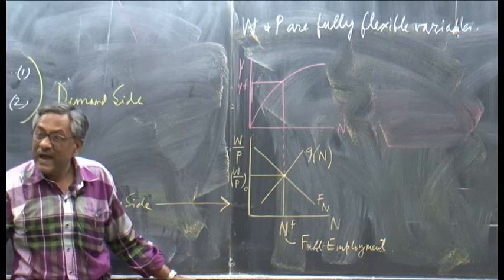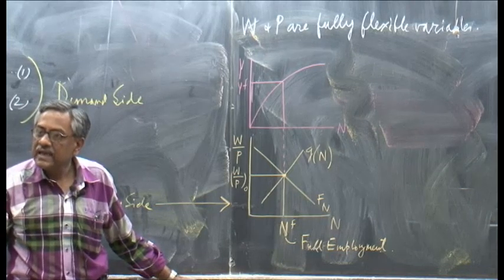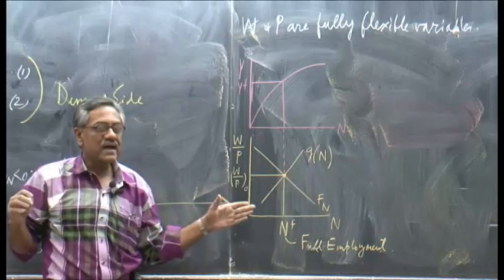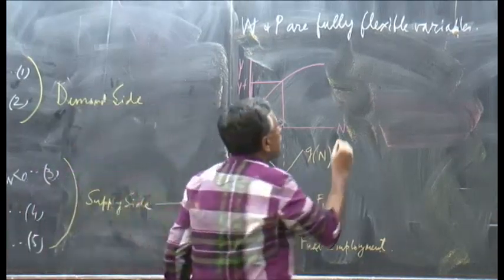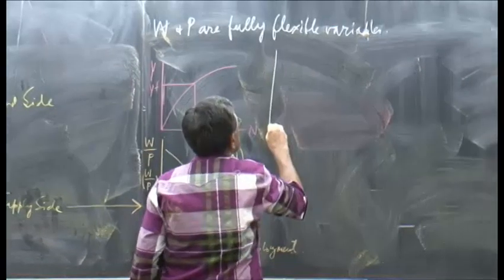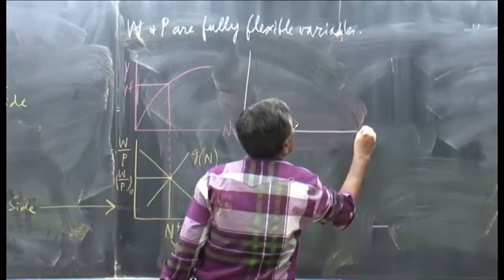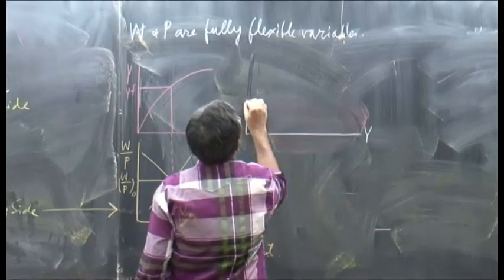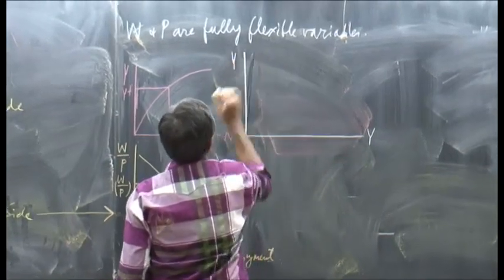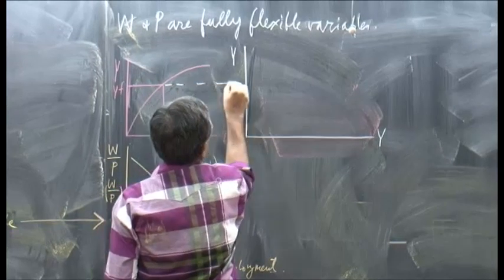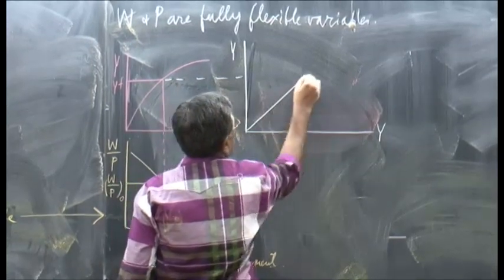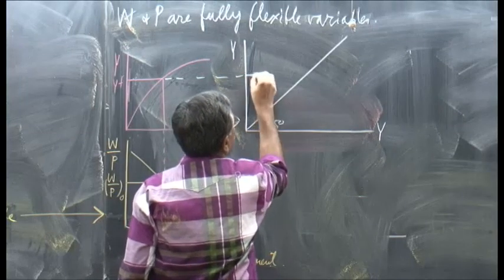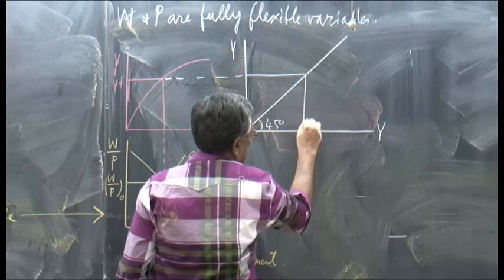All right? If that is the case, then what will be the aggregate supply line? Well, the aggregate supply line is very simple. I draw two more diagrams here. Here I draw a 45-degree line where I put Y and Y. This output level along the 45-degree line tells me that this is the full employment output level.